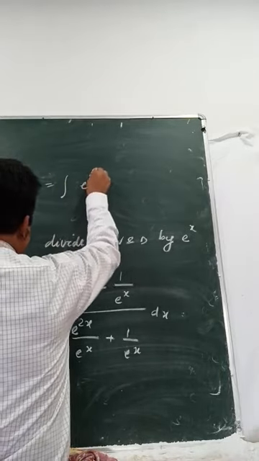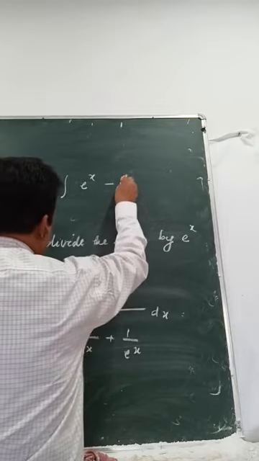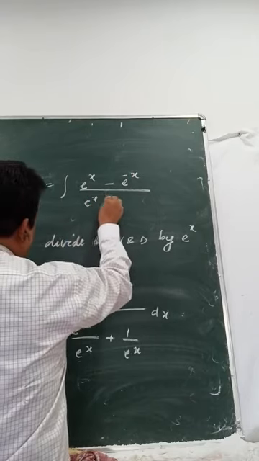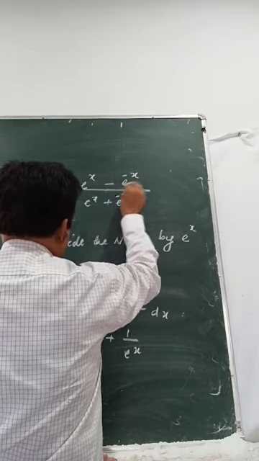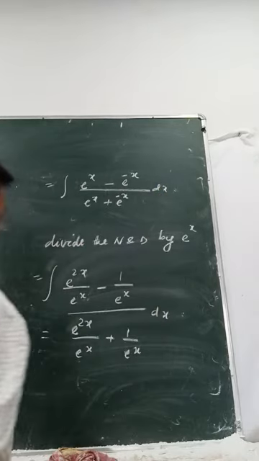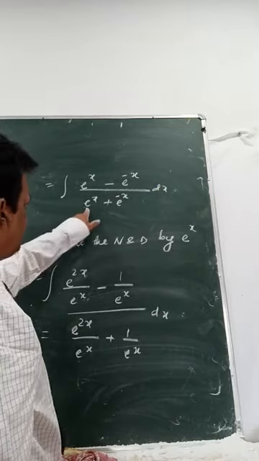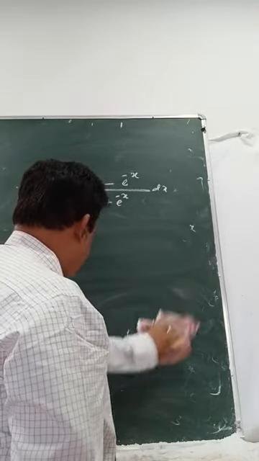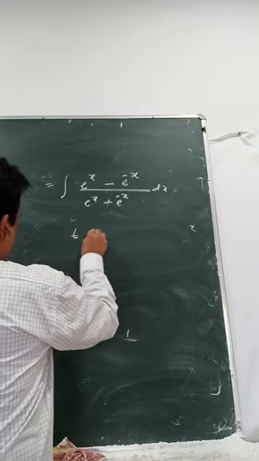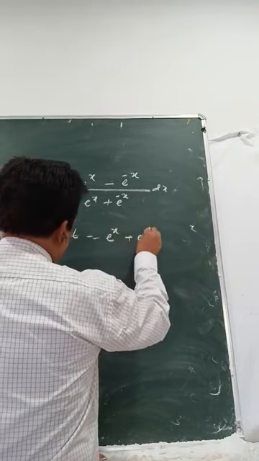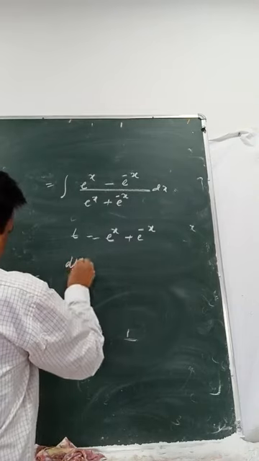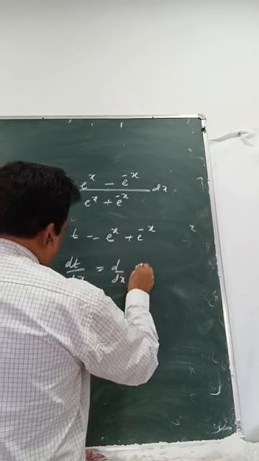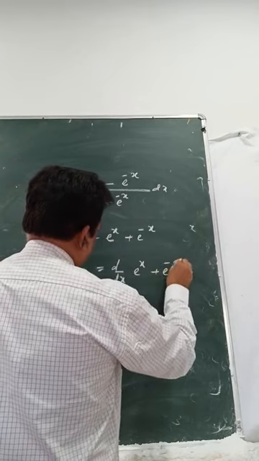e to the power x minus, this will go e to the power minus x, over e to the power x plus e to the power minus x dx. Okay, let's take this one as t. So if I take t equals e to the power x plus e to the power minus x, dt by dx is the derivative of e to the power x plus e to the power minus x.